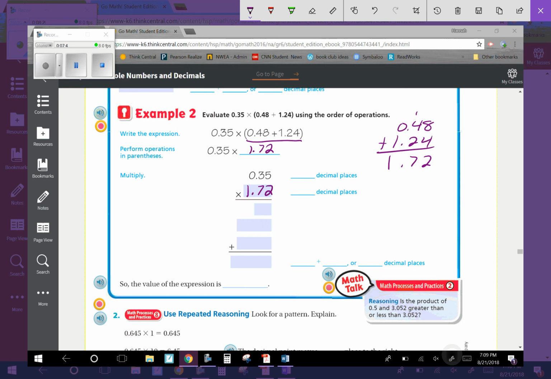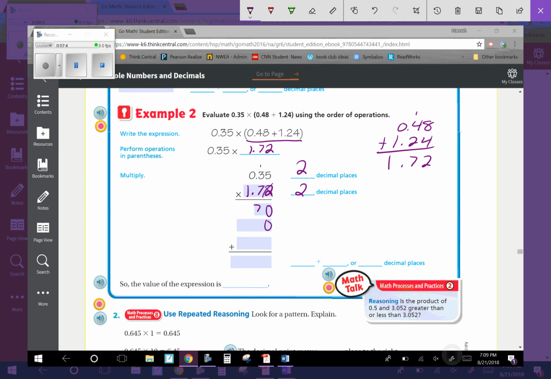And now we're going to take that times 35 hundredths. 35 hundredths has 2 decimal places. 1 and 72 hundredths has 2 decimal places. Even though there's 3 digits, there's only 2 to the right of that decimal point. That's what we're worried about. Multiply this out. 10, 6, 7, 0 to hold my place.